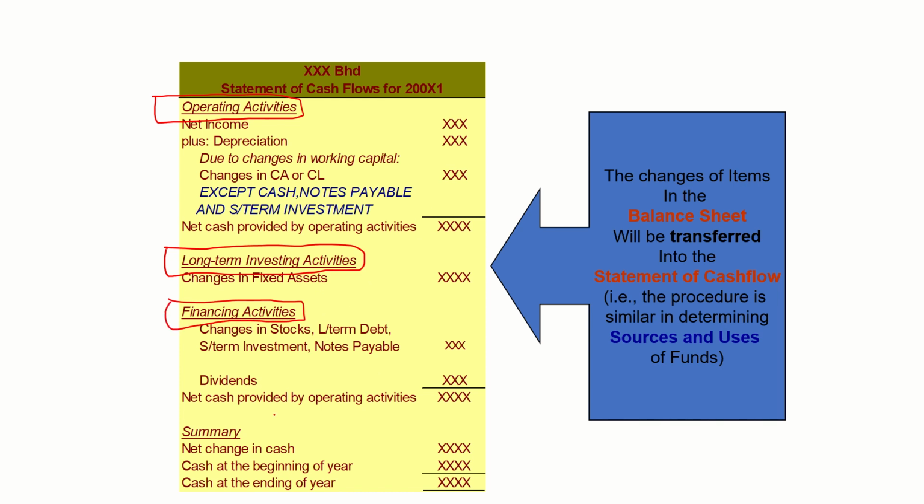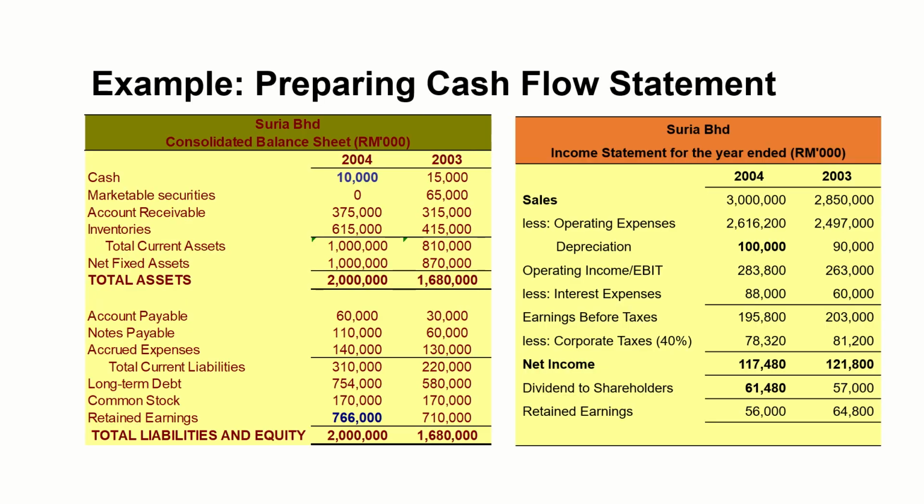Okay, it ends with a summary of net change in cash, cash at the beginning of the year, and cash at the end of the year. What does the statement of cash flow show? It shows where the cash is going in and going out, and what it is being used for in a company.